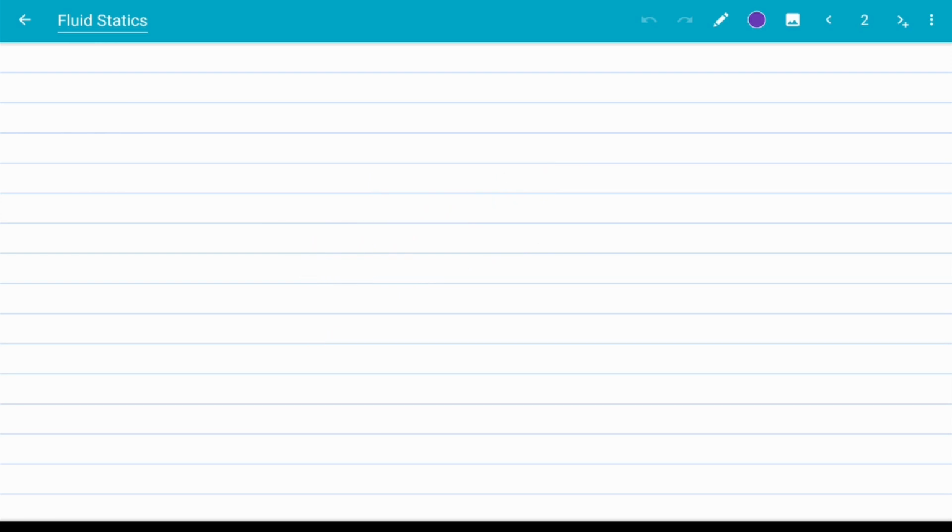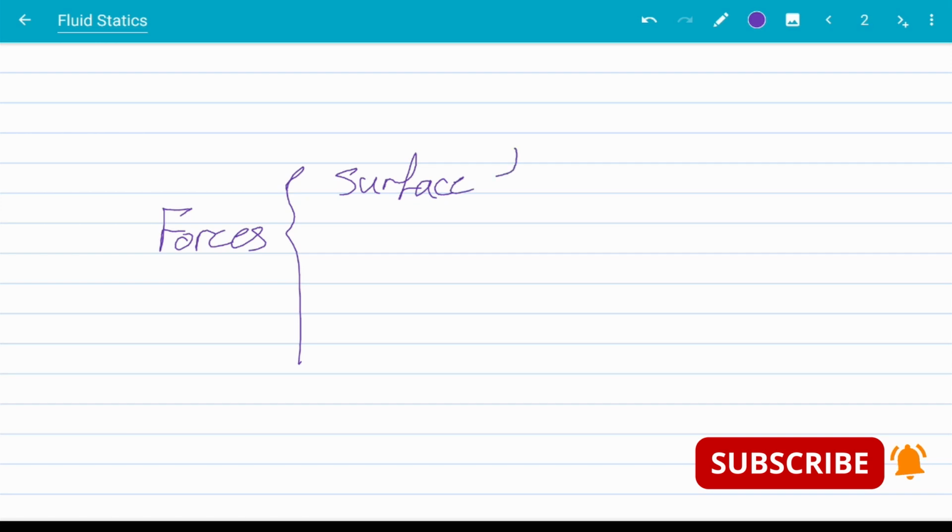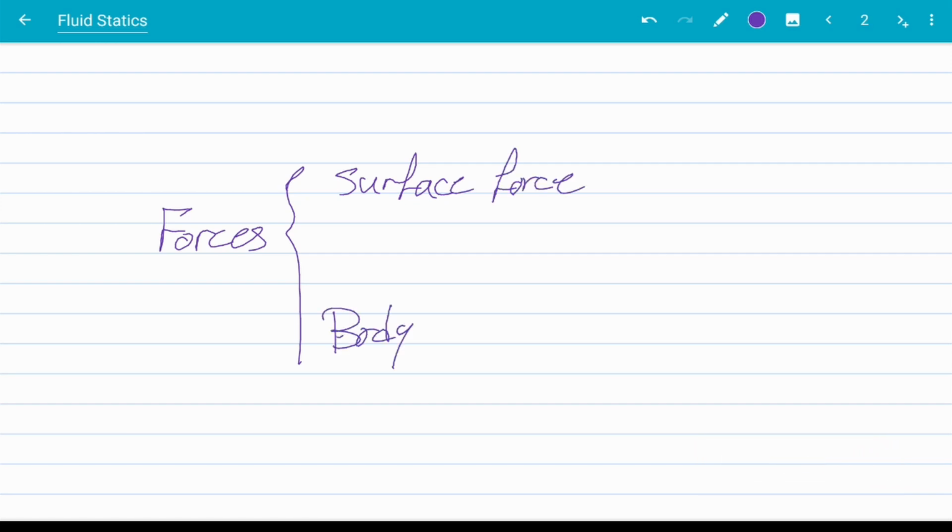So let's start with the types of forces that act on a fluid element. Generally speaking, we have surface forces and body forces acting on a fluid element. Body forces are the ones that are applied to the bulk or the mass of the fluid element.